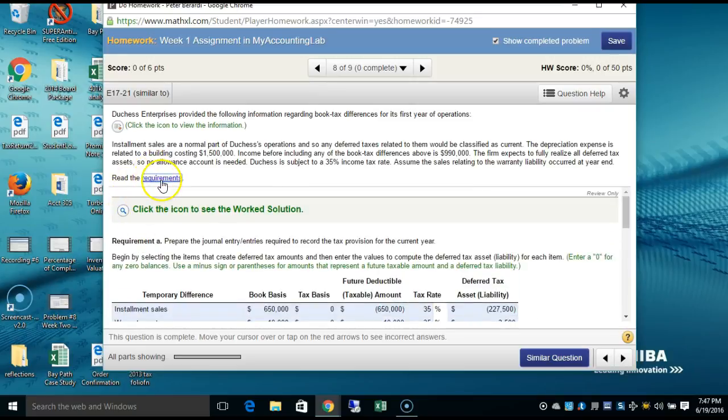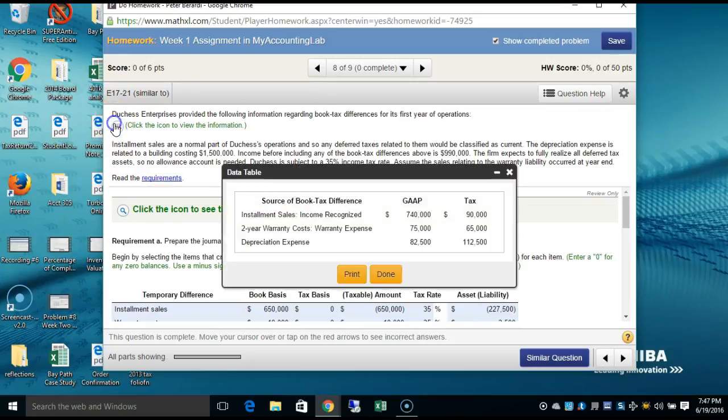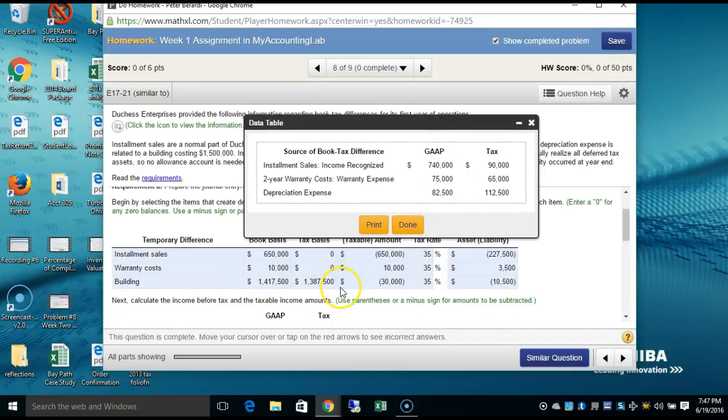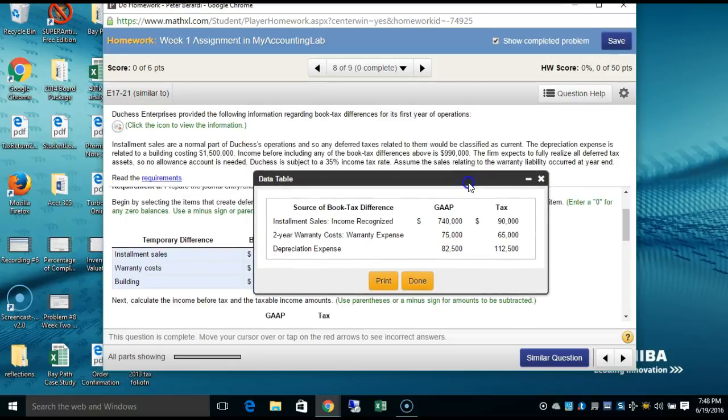So in this case, 740,000 minus 90,000 is going to equal the 650,000 under the book basis. That 650,000 is a deferred tax liability times the income tax rate of 35%, which is given right here in the problem.